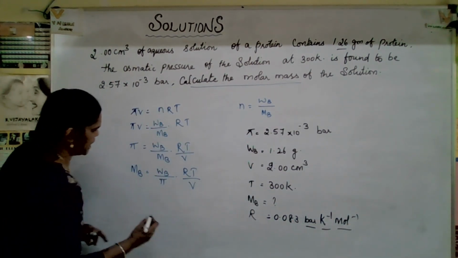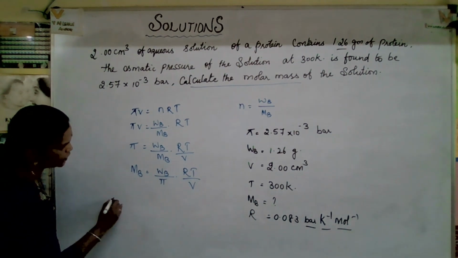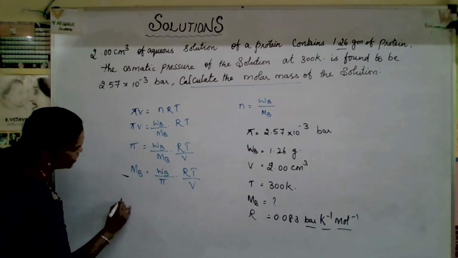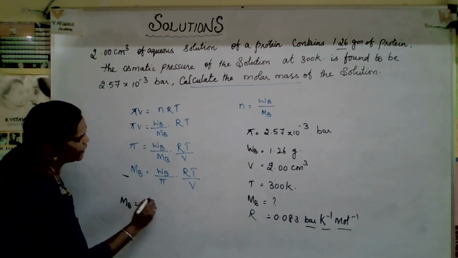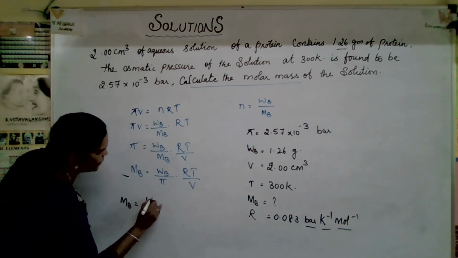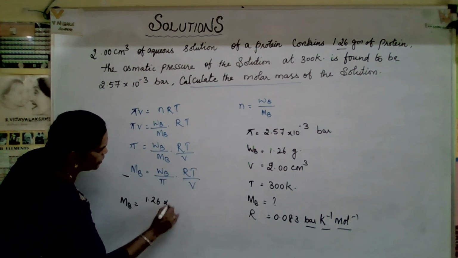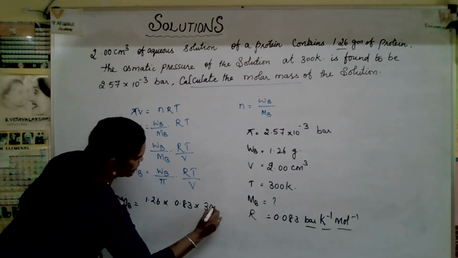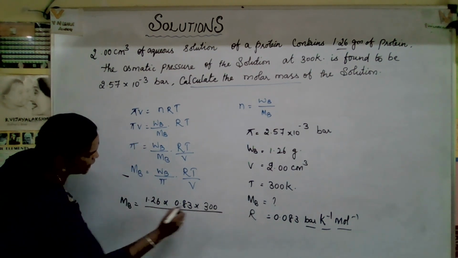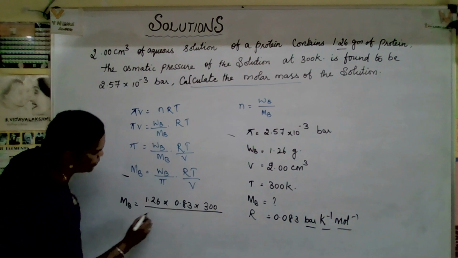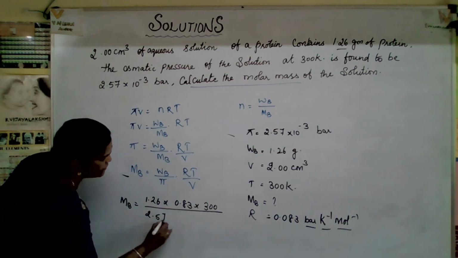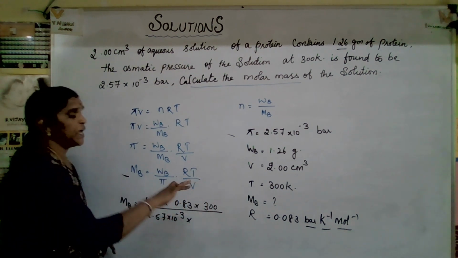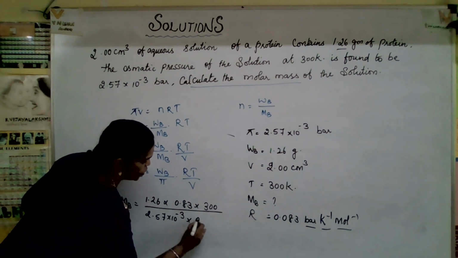Okay, now let us apply the values. MB only we have to identify, right? MB equal to WB, which is 1.26, into R, 0.083, into T, 300 Kelvin, divided by pi, what is the value of pi? 2.57 into 10 to the power of minus 3, into V. We turn the volume into liter, so 0.2.